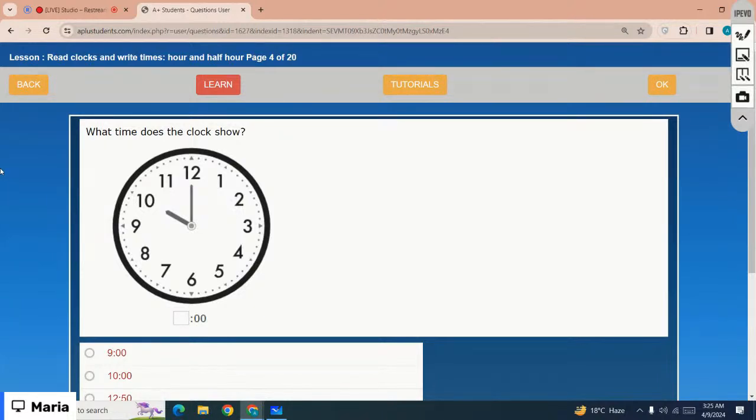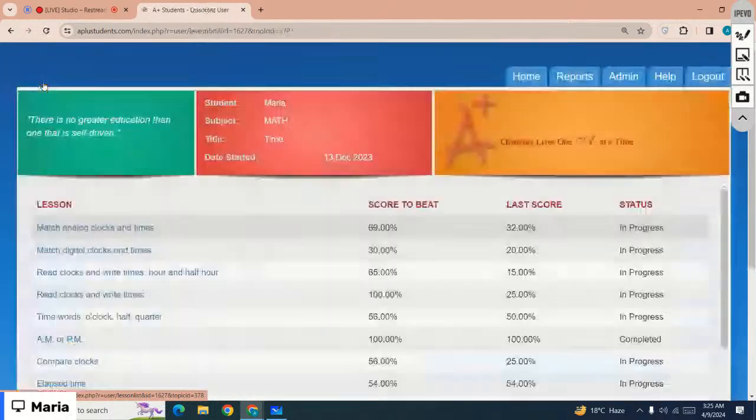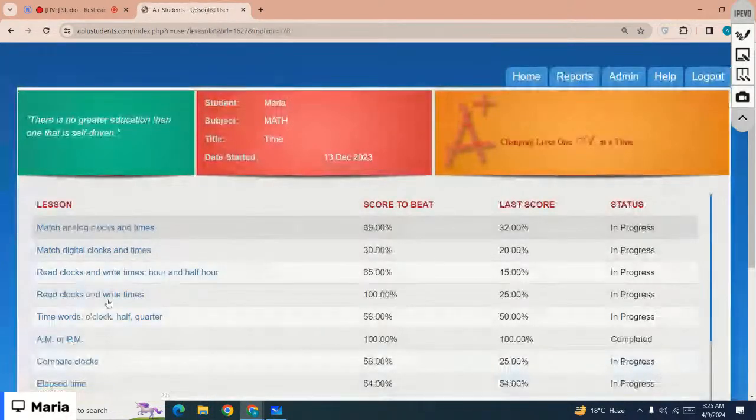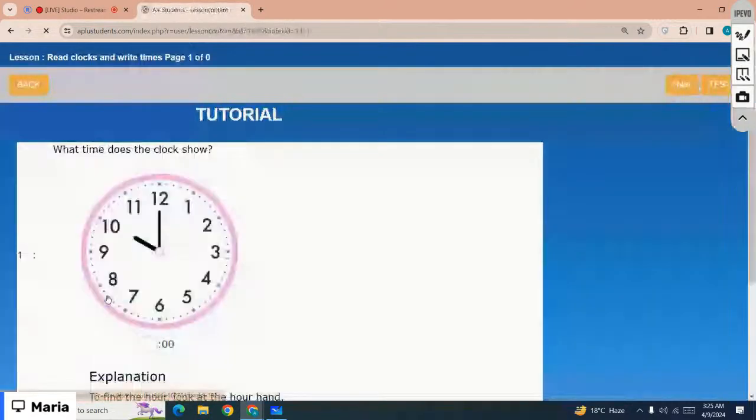The next lesson is read clocks and write times. Let's just start with the lesson. Again, that's the one. Okay, what time does the clock show? Which is the correct option?